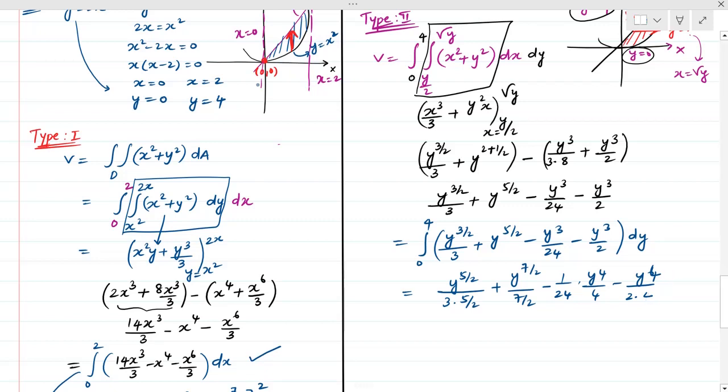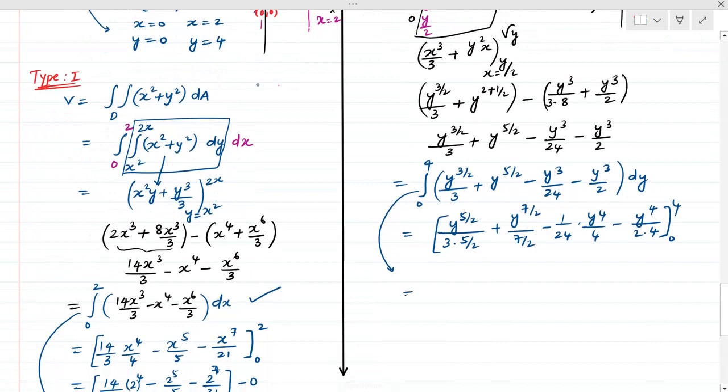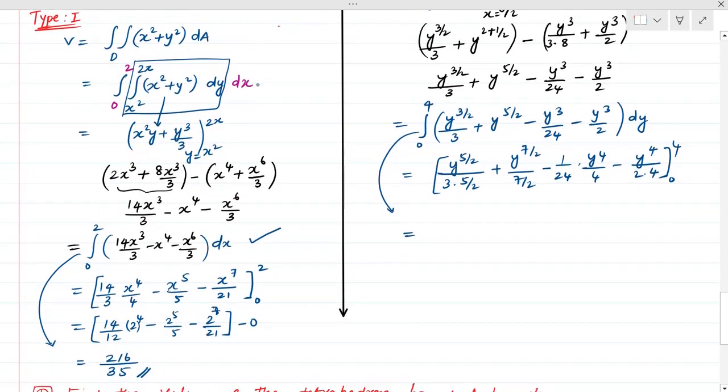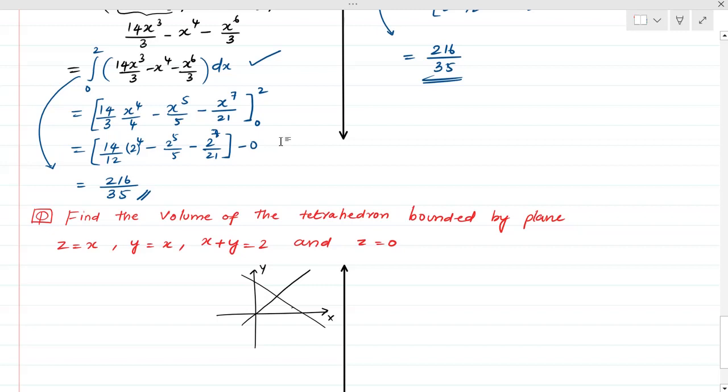This is power 4 over 4, outside you have 2. So the limit is 0 to 4. And use the calculator, directly write the answer. What is the answer here? If you write all the things in the calculator, you will get the same answer, 216 over 35. Check your answer by using the calculator.